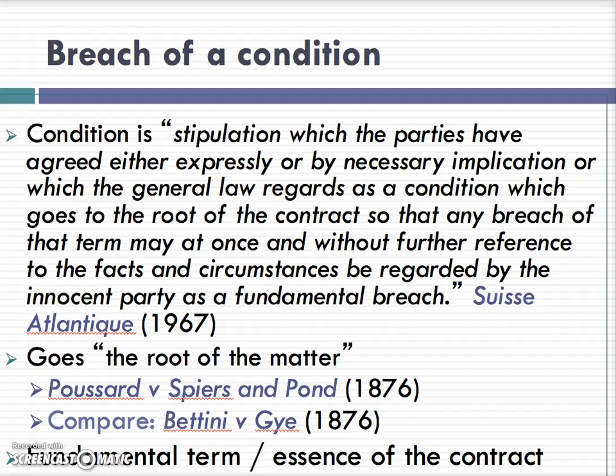Now remember, this is 1876, and some of the subsequent cases show us that the courts have consistently looked at it the same way. That means, for a condition to be enforced as such, the best way to achieve that is for the parties to state very clearly in their contract not only that the term they've agreed on is important, that it is fundamental, but also what happens when there's a breach.